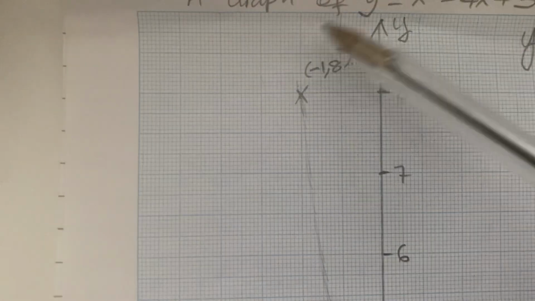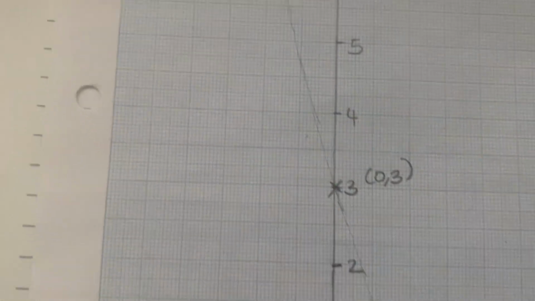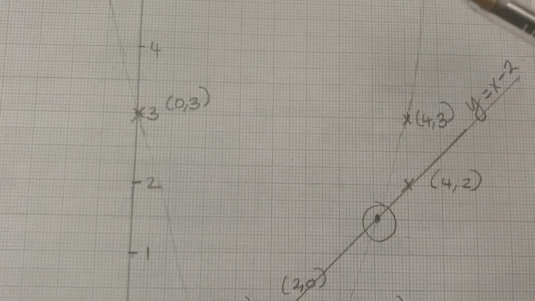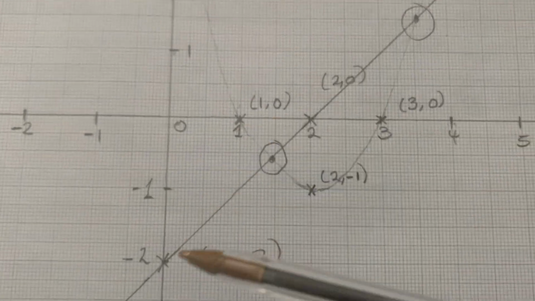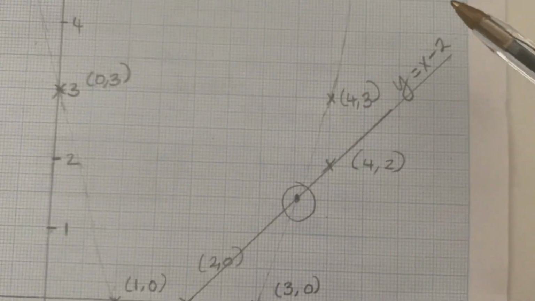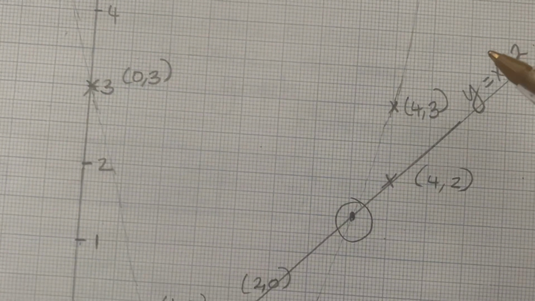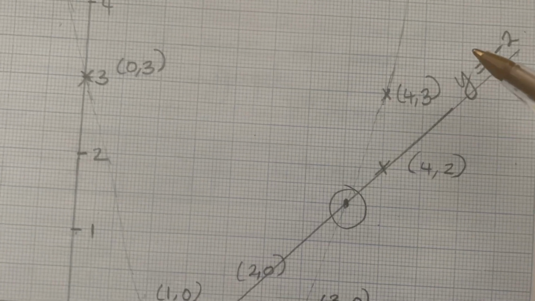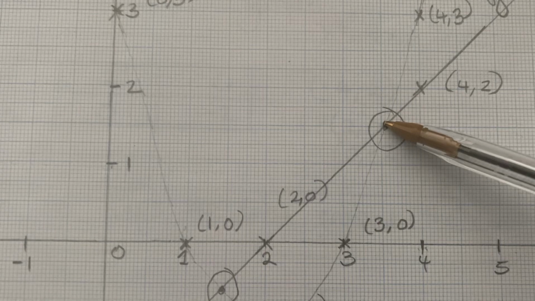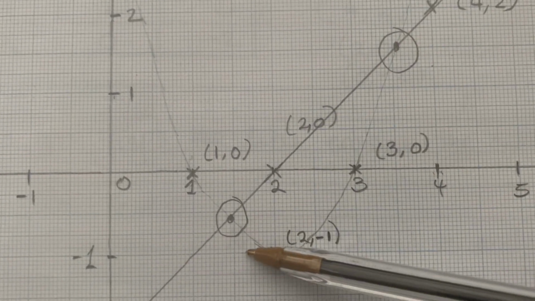So this is the first part of the equation where I drew the parabola, opening upwards, and this is my line y equals x minus 2. When I broke down the equation I was given, this would be the first answer, and that would be the second answer.